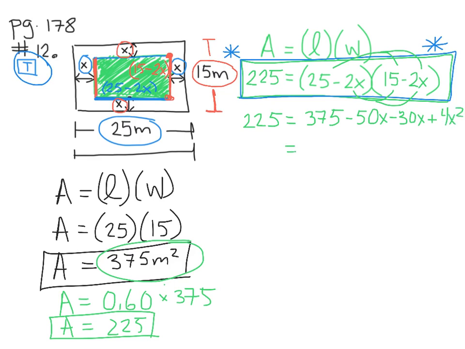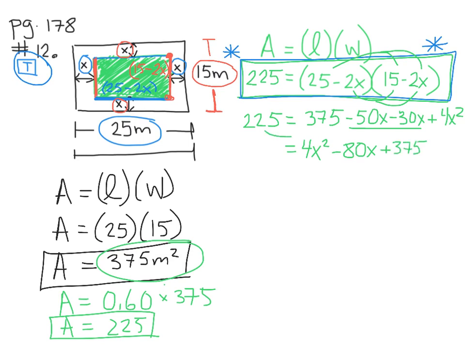Okay, so how do we solve a quadratic? We bring everything to one side equals 0. So I'll write this in descending order, 4x squared. And I'll actually add those two things right now. Negative 50x minus another 30x is negative 80x. We have this plus 375.